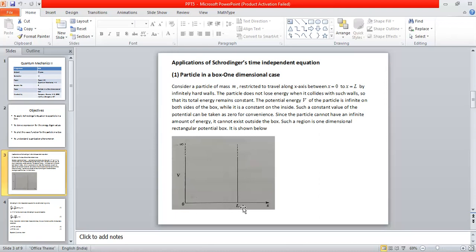Beyond this region, for values of x less than 0 and for values of x greater than L, the potential energy is infinite.